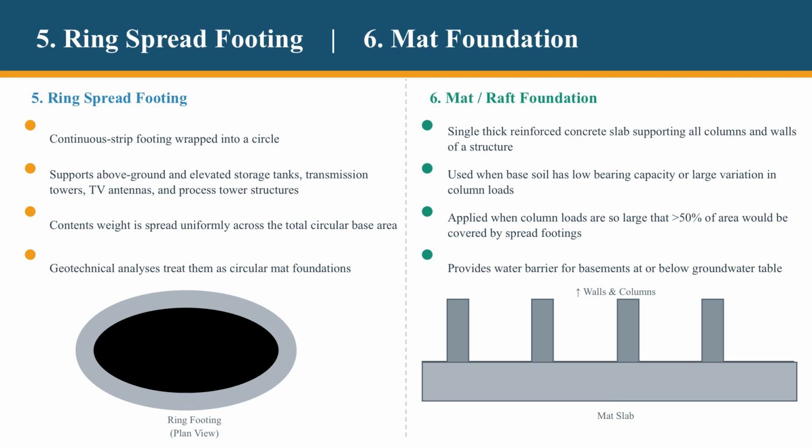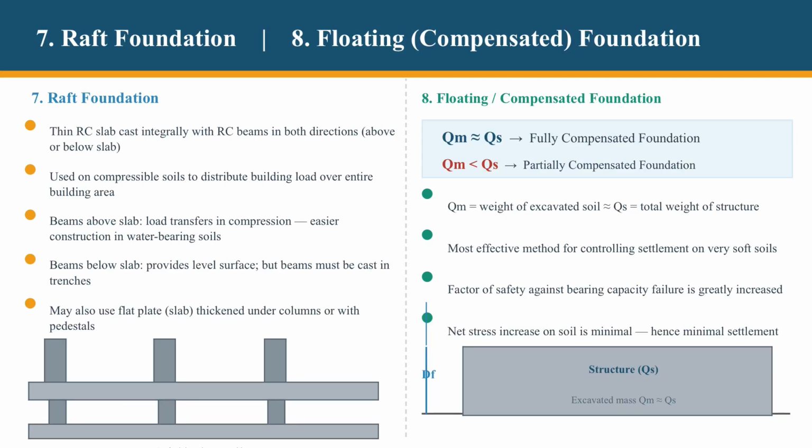Now, apart from that, another type is such that there are RC slabs that are integrated together into the columns, and here you can see that there is one beam above the slab that transfers loads in compression, and also another beam below, which provides the level surface. So such a type of foundation can also be used where a total of two beams are provided for the load transfer.